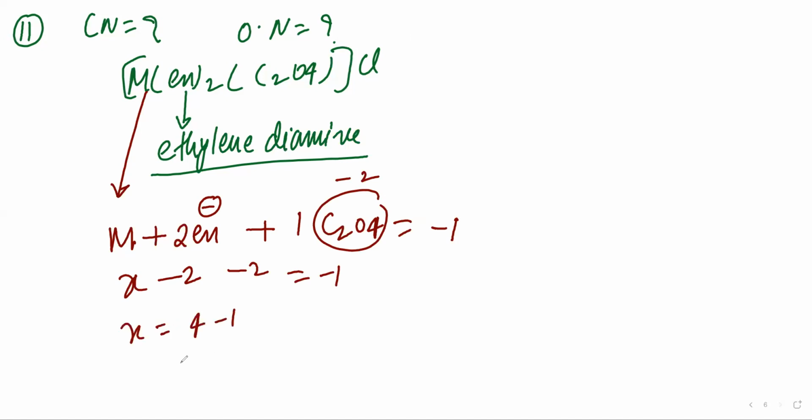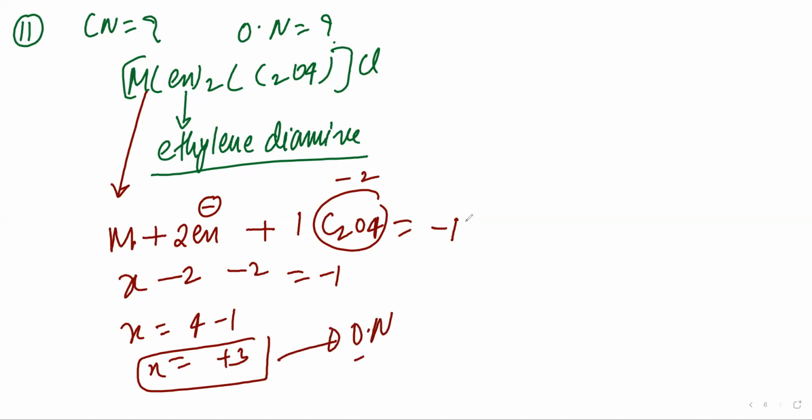So x will be 4 minus 1, that is plus 3. X is equal to plus 3 oxidation state.